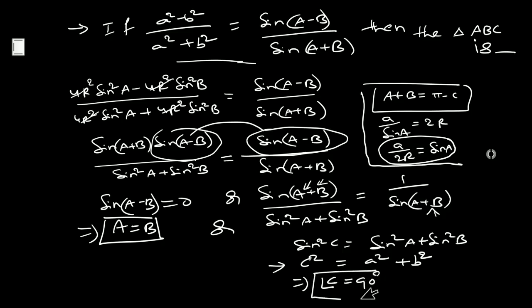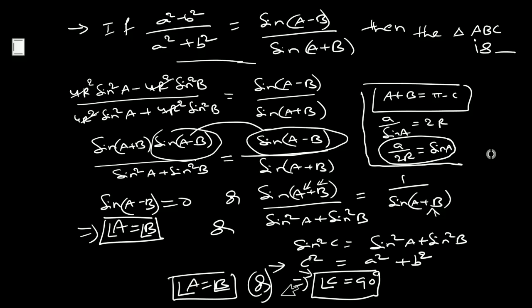So I got two conditions. Either A equals B, meaning these angles are equal, or angle C is 90 degrees. So two conditions we got.